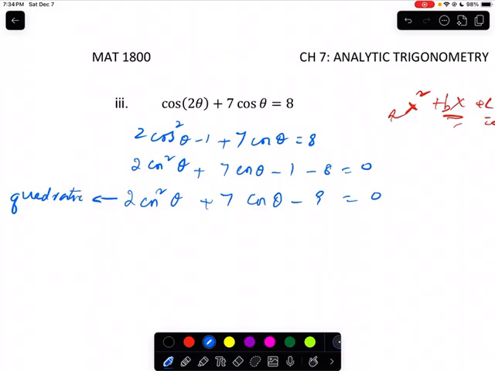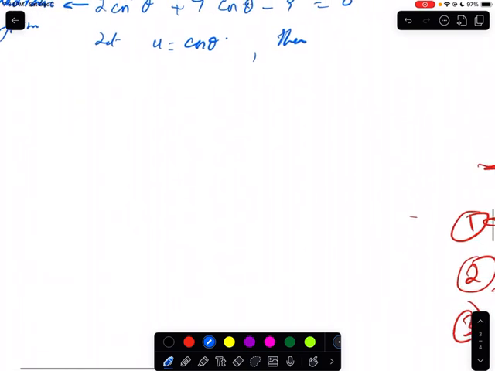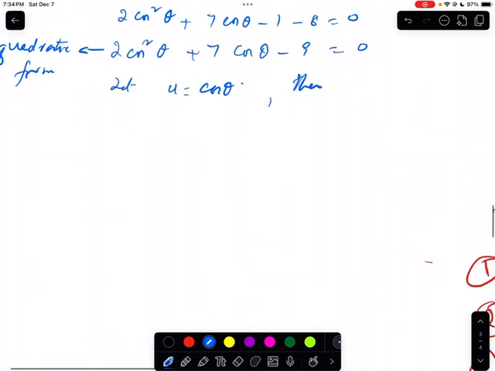So you can say let u equals cosine theta. Then what happens? We will plug in u for cosine theta. So we end up getting 2u square plus 7u minus 9 equal to 0.